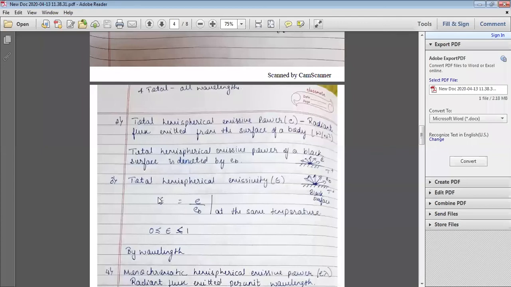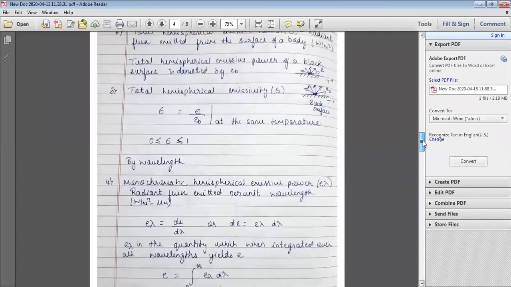This is denoted by epsilon, and the emissivity will always be within 0 to 1.